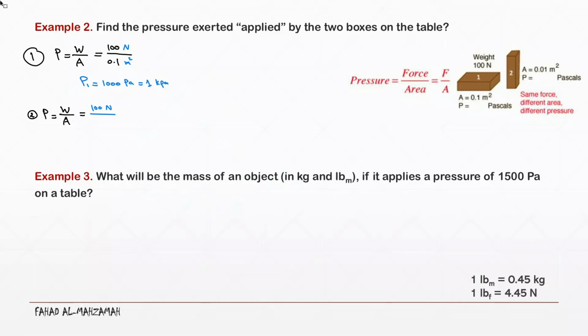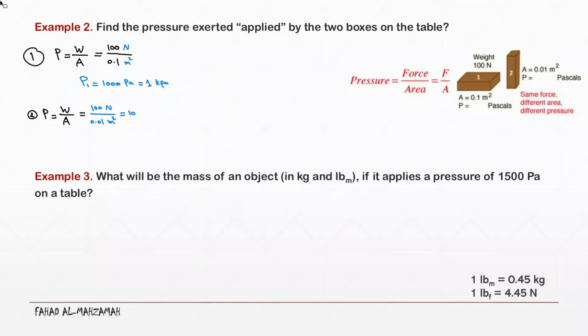Now here we have 0.01 square meter, and the answer now is not 1,000, it is 10,000. Why is that? Because the area of box number 2 is smaller by 10 times than the area of box number 1. That's why we get a pressure 10 times greater than the pressure exerted by box number 1. So this is simply the relation between the pressure and area.